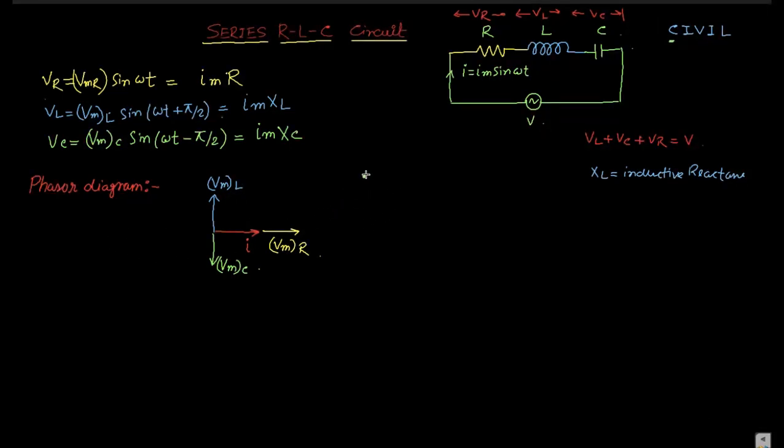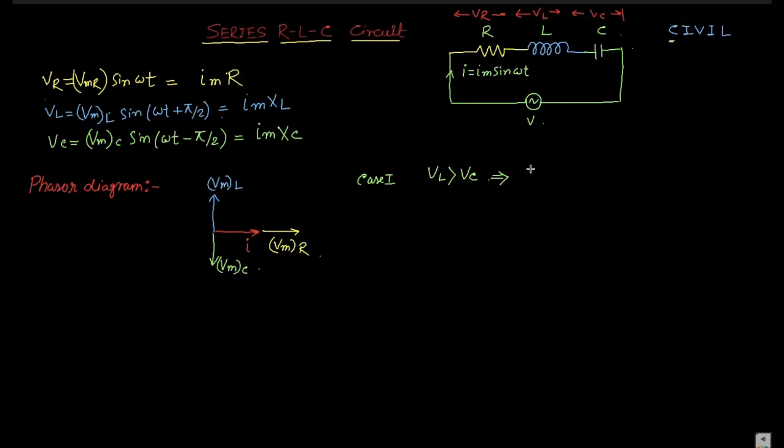So case 1. Here you can cite that if VL is greater than VC, it means the voltage drop across the inductor is greater than the voltage drop across the capacitor.